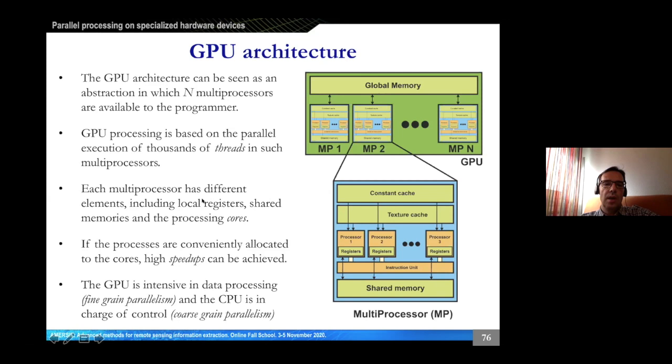So basically the design of GPU algorithms is a game about how to keep these shared memories and these cores in the local multiprocessors as busy as possible without the need to resort to other multiprocessors externally or to the global memory. So if the processes are conveniently allocated to the cores and the shared memory is properly exploited, we can have very high speed ups.